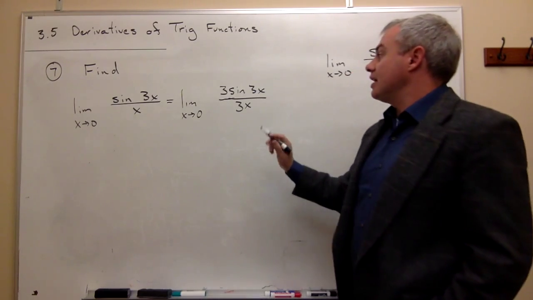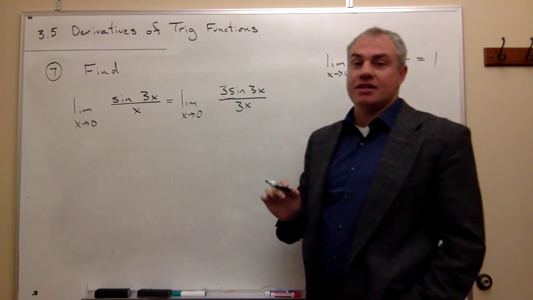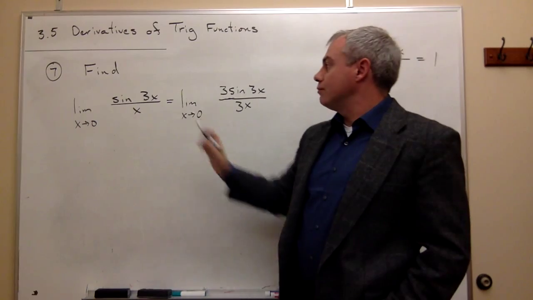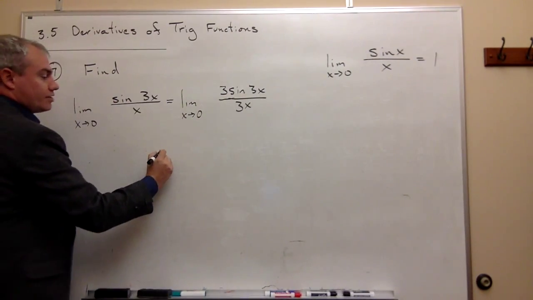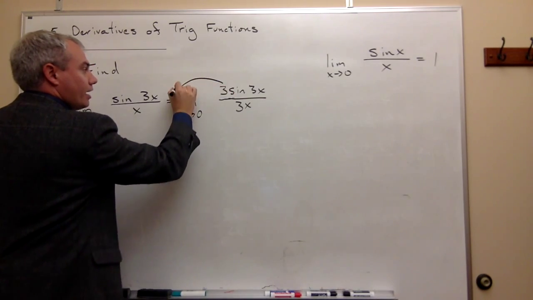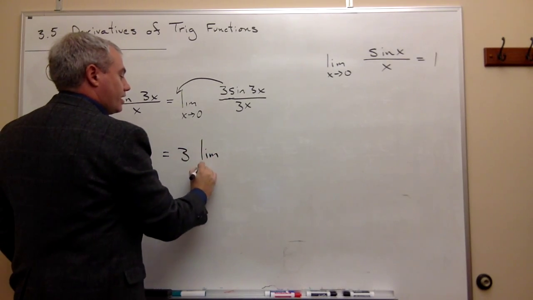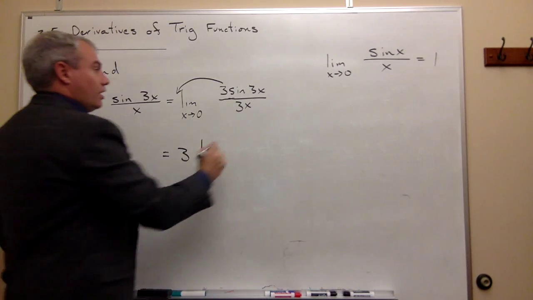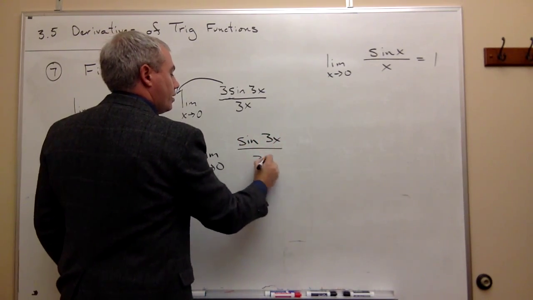The key is I want this value and this value to be the same. This 3, I don't really need right now, so I can move it outside of the limit completely. And so I get 3 times the limit as x goes to 0 of sine of 3x over 3x.